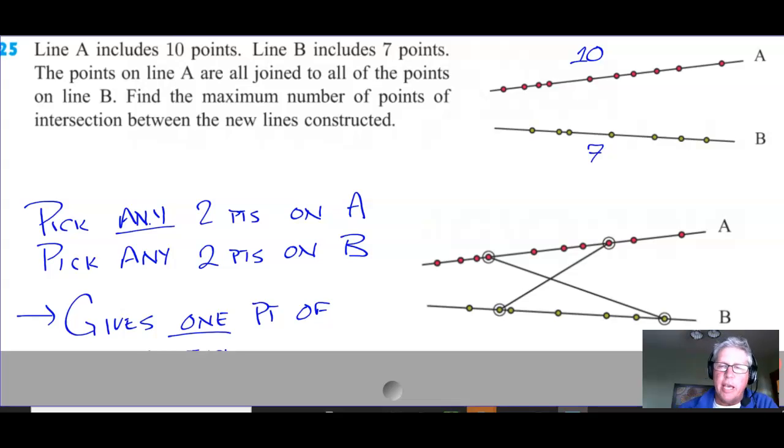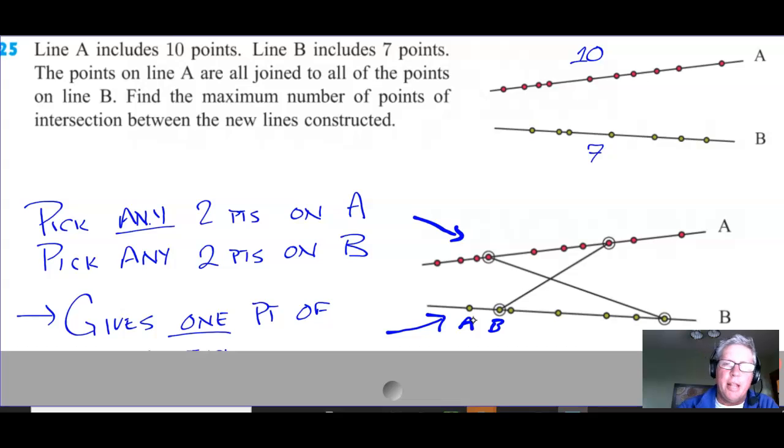So really we have to count how many ways we can choose 2 points off of this line and how many ways we can choose 2 points off of this line. They have to be different. So, you know, this is A and B. If I choose A and B, I don't want to count B and A. Oh, combinations.